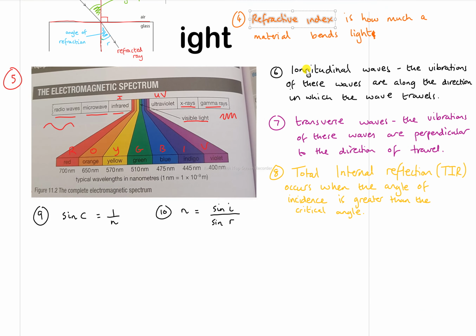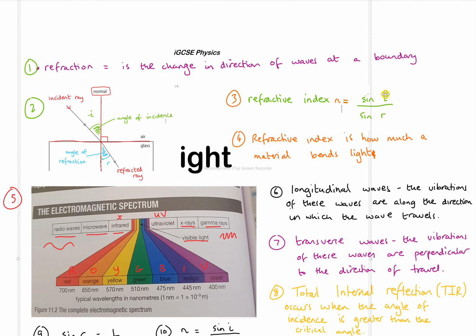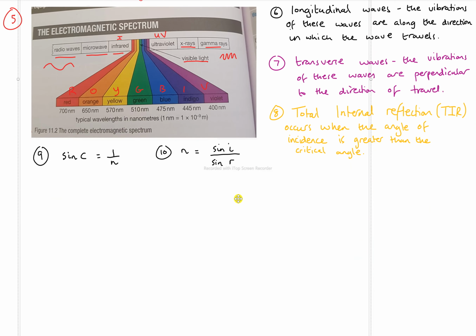You've got two types of wave: longitudinal, which are like sound waves, vibrating along the direction of travel. Transverse waves vibrate at right angles, or perpendicular, to the direction of travel. Total internal reflection occurs when the angle of incidence is greater than the critical angle. The critical angle you can calculate as 1 over the refractive index.